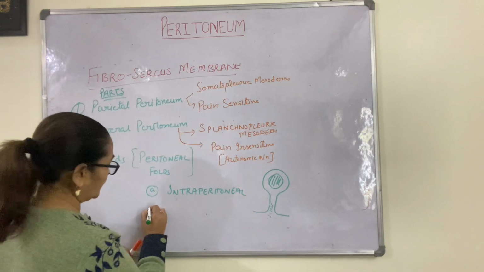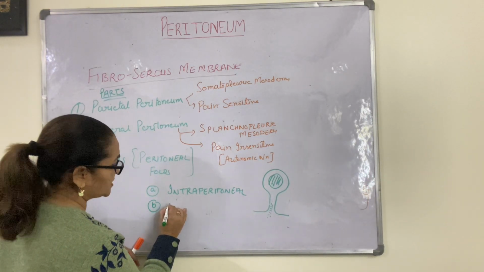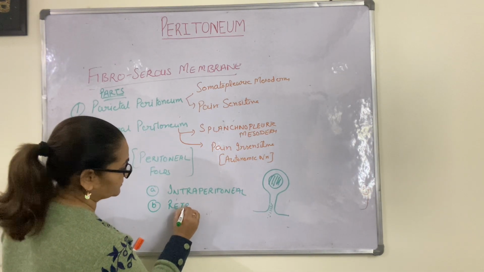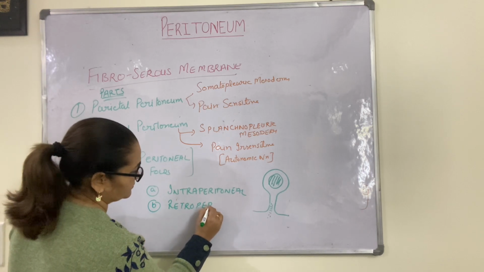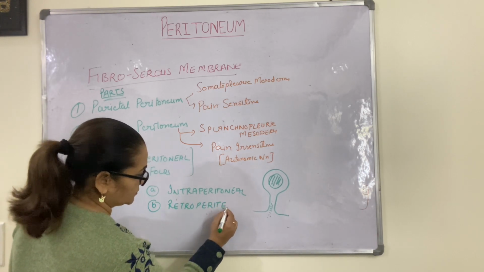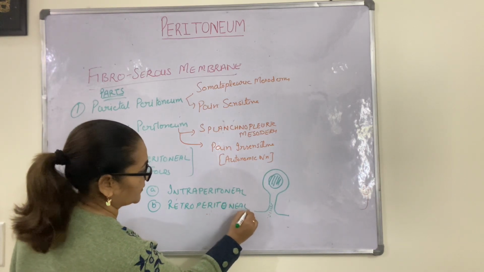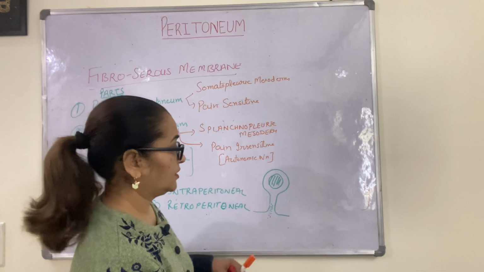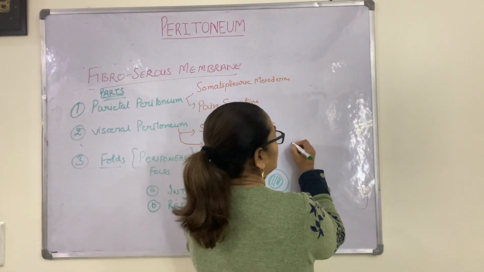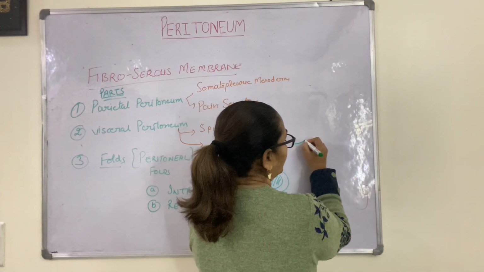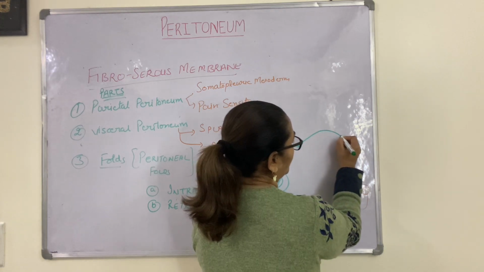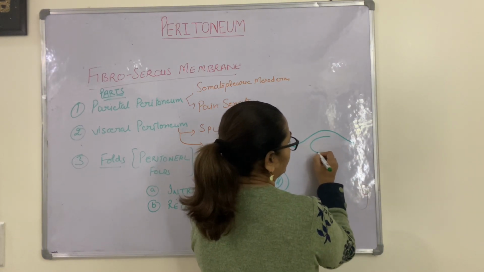Now the second important point regarding this is retroperitoneal. Now what is this retroperitoneal? It means the viscera is anteriorly covered by the peritoneum like this.